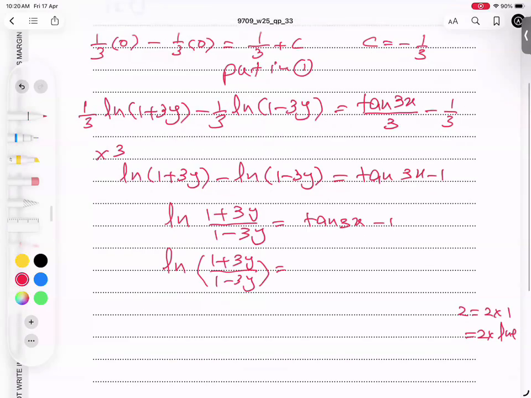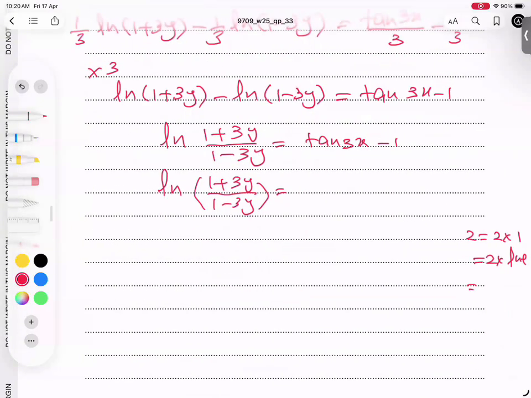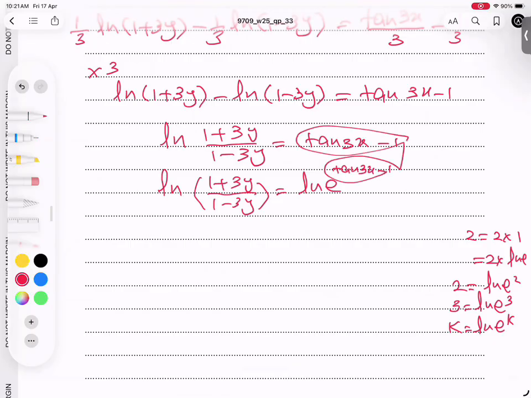So 2 goes in the power, so basically it turns out to be ln e square. So whenever you want to convert any number like 3, ln e to power 3, or k, ln e to power k. So what here? Ln e to power the complete equation, tan 3x minus 1, because I want to convert the complete equation into log form.